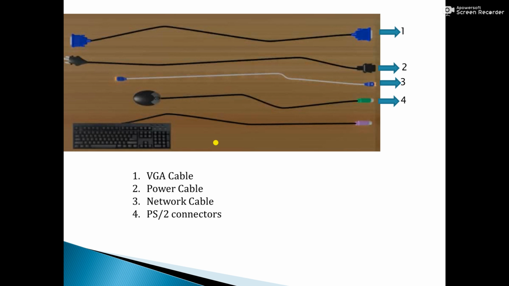Third cable is used for networking, that is a network cable, along with the RJ45 connectors at both ends. And the fourth cable is with PS2 connectors, which are provided for connecting the mouse and keyboard to the CPU.